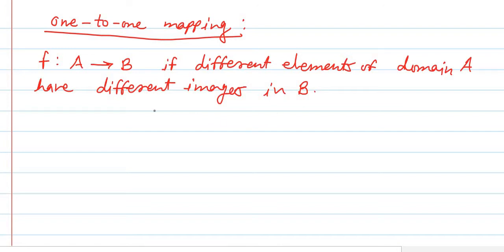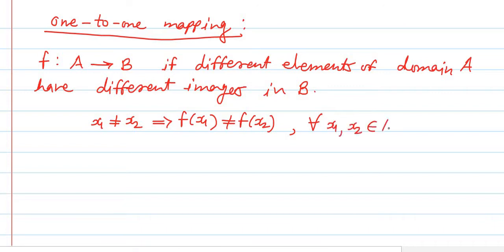The same thing can also be said in symbols: x1 not equal to x2 implies f of x1 is not equal to f of x2, for all x1, x2 belonging to the set A. It can also be said differently: if f of x1 equal to f of x2 forces us to conclude that x1 equal to x2.